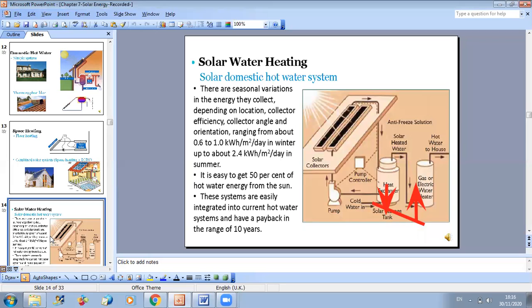Now, there are seasonal variations in the energy collected by solar collector systems, because the solar energy collected depends on several factors. First, you have the location of the collector, its efficiency, the orientation of the collector. The orientation will affect a lot. So this is why it's very important to have a tracking system.